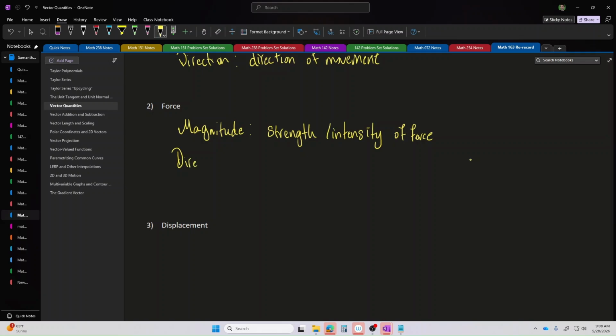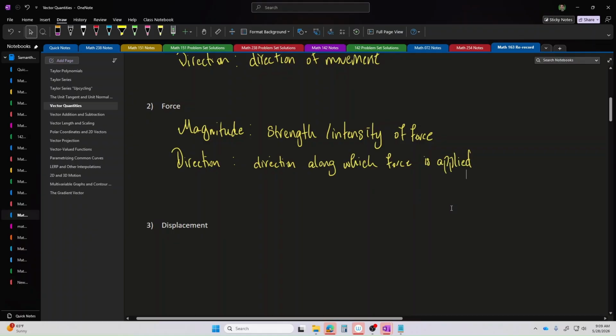And the direction associated with a force vector tells you the direction along which the force is applied. You need both of these pieces of data to really understand what a force will do to an object.